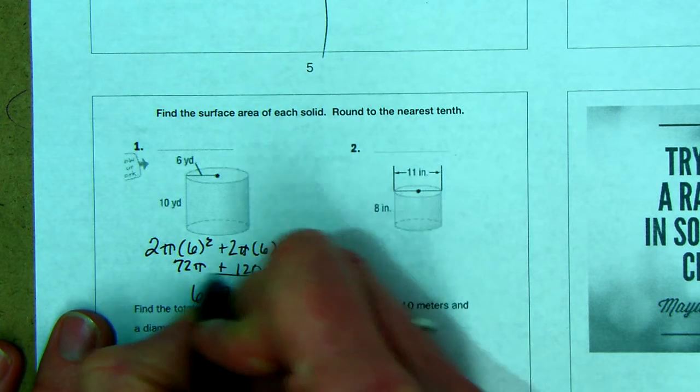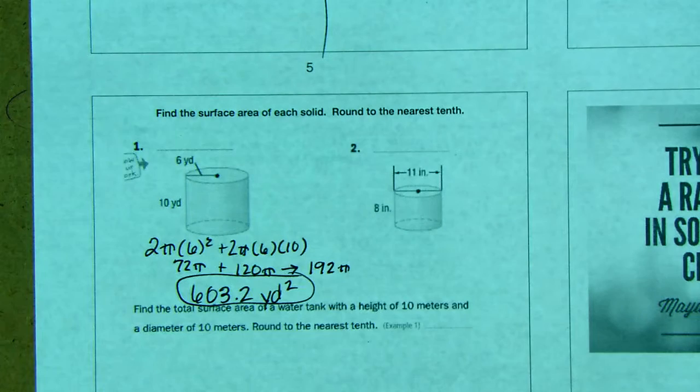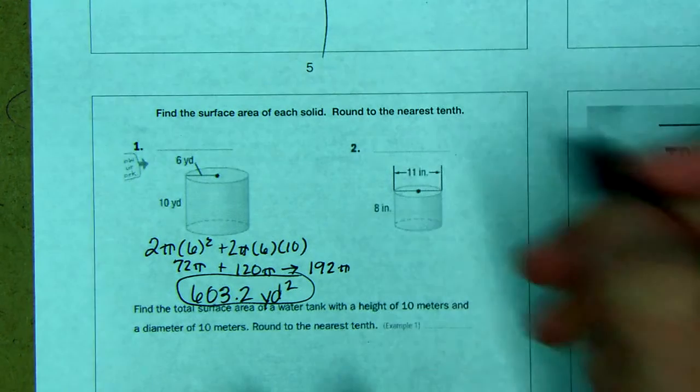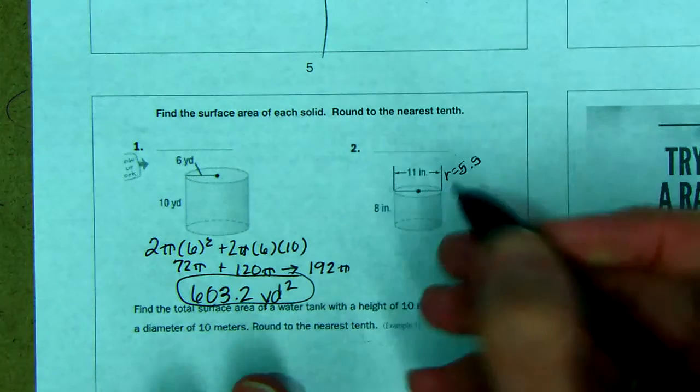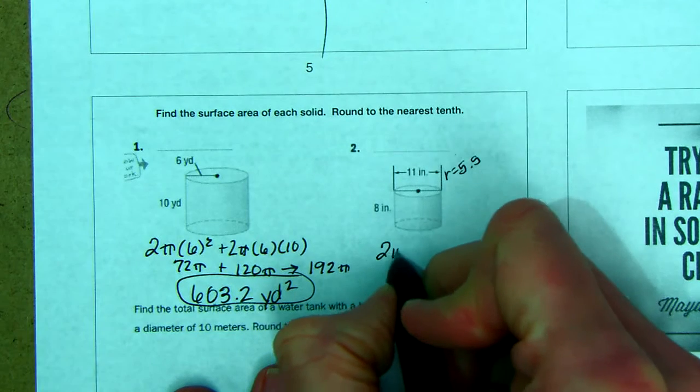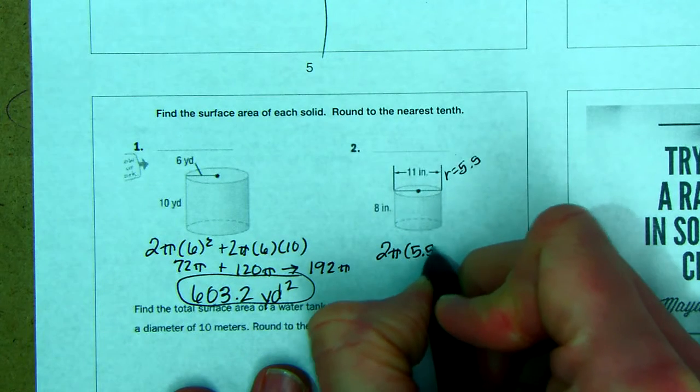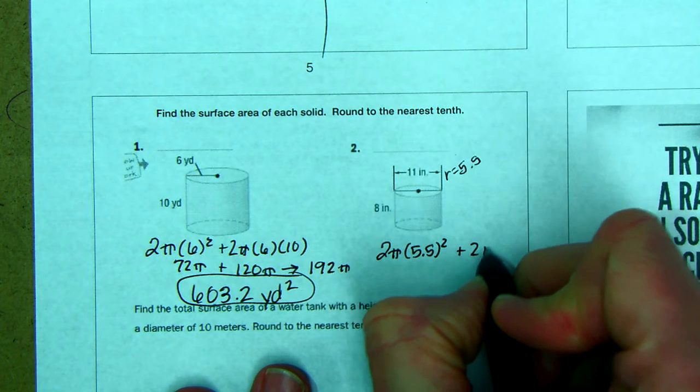All right, let's do this one. We have a radius of 5.5. So we've got 2 pi times 5.5 squared plus 2 pi times 5.5 times 8. All right, that 5.5 does make it a little icky.